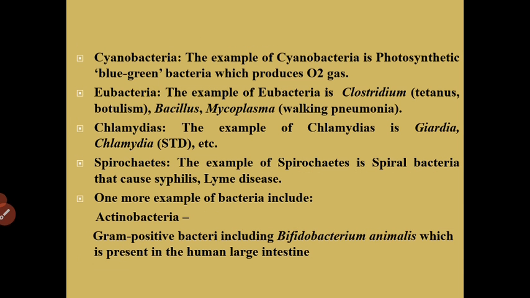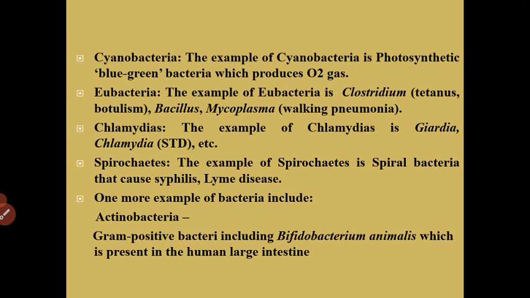Cyanobacteria. Example of cyanobacteria is photosynthetic blue-green bacteria, which produce O2 gas. Eubacteria. Example is Clostridium, tetanus, botulism. Bacillus, Mycoplasma. Chlamydias.